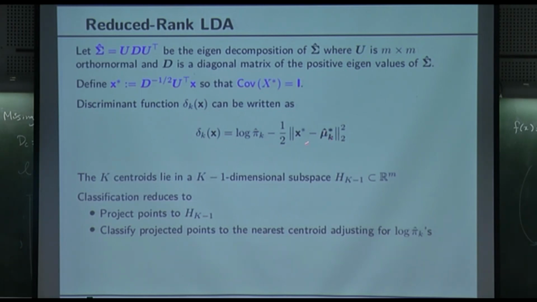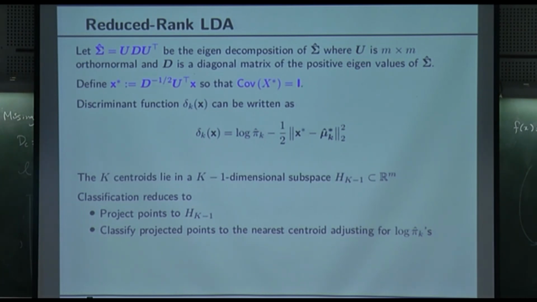The k centroids lie in a k minus 1 dimensional subspace. So classification reduces to the following idea: you project onto this subspace, and classify the projected points to the nearest centroid, adjusting for the log pi k's. Bear with me, I don't want you to pay too much attention. The story is coming in a moment.